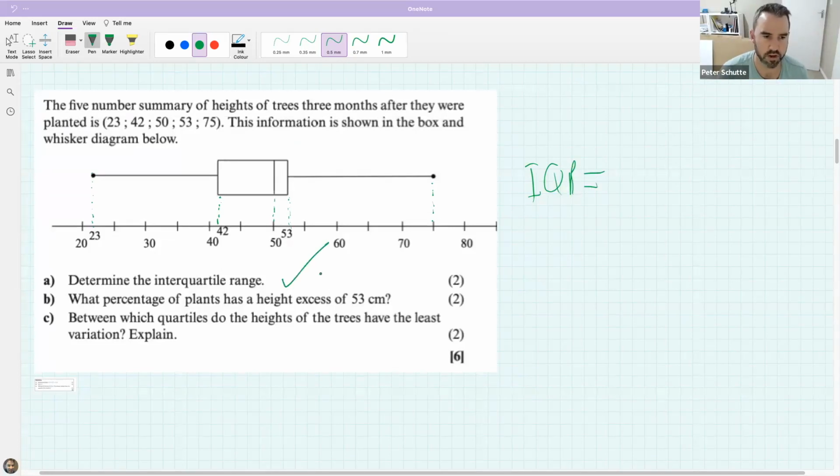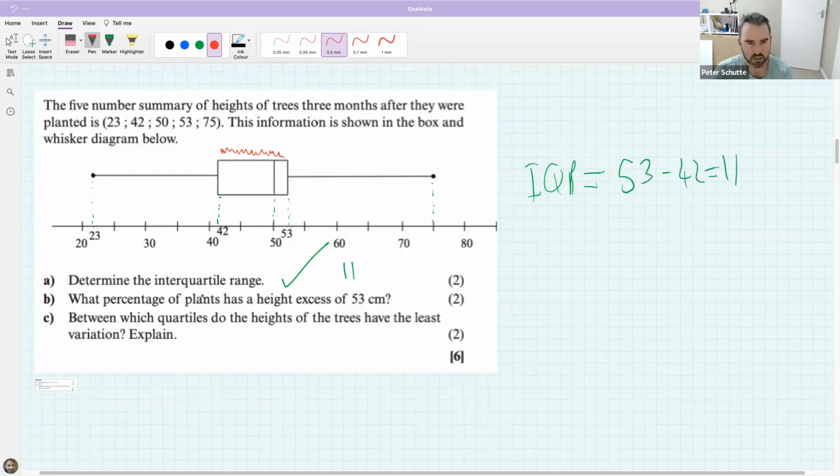So that's question 1 from past exam. I think we've got 53 minus 42, which is 11. And so the interquartile range should be 11. That's where the middle 50% of the data is sitting.